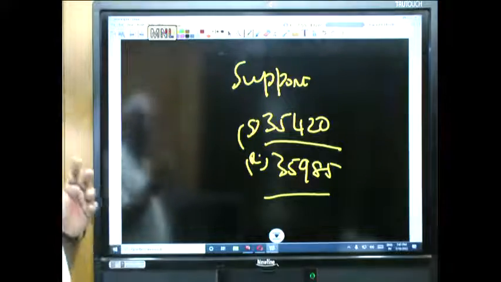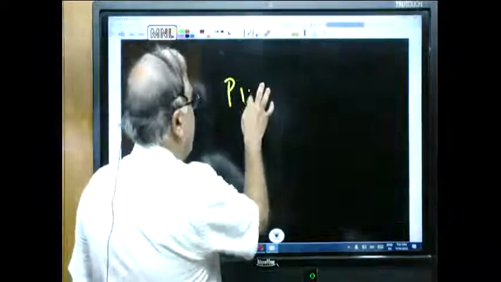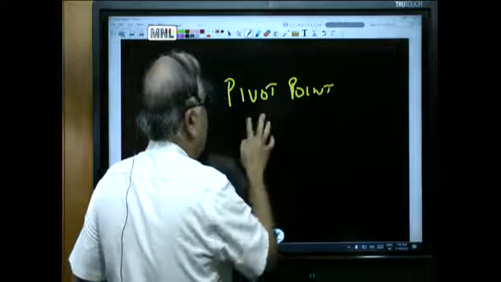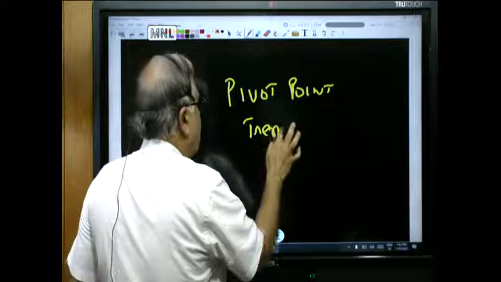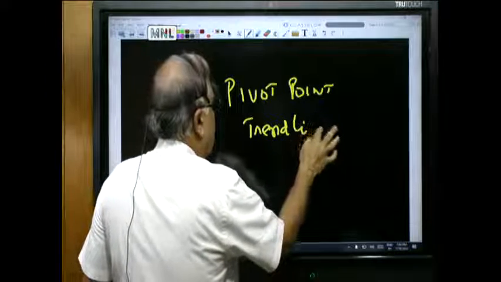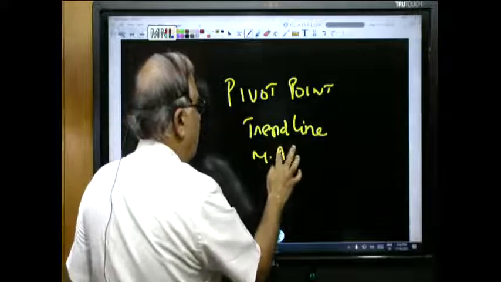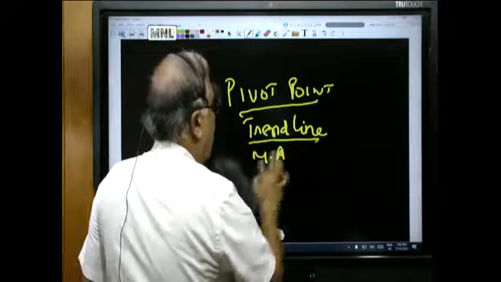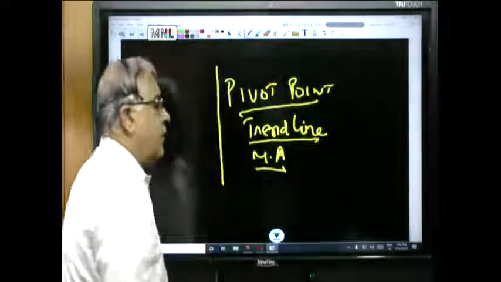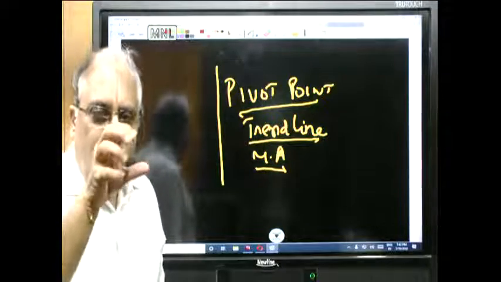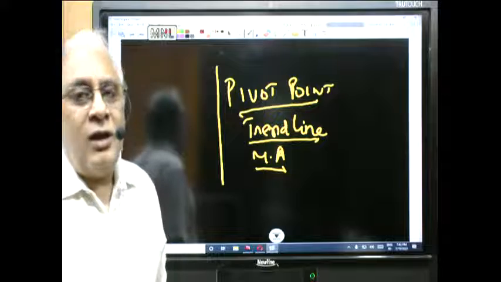So the three things that we will be combining to use will be the pivot point, either pivot point high-low or the pivot point intraday low supports. You can look at the trend line. Okay, you can look at moving average if you want. So based on this combination, our intraday positions will be estimated, and whenever it falls to that particular level, we should be in a position to grab it.